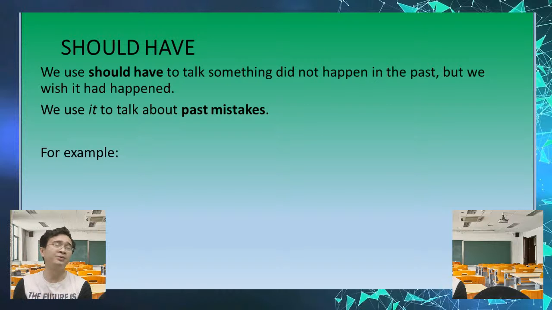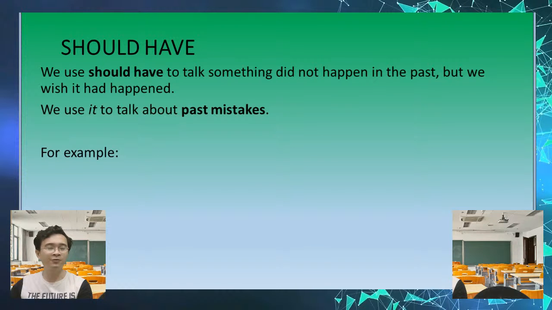In this kind of situation we feel regret, because we wanted to change it, but it was impossible. So commonly we use should have to talk about past mistakes that you wanted to correct, but somehow it was impossible.